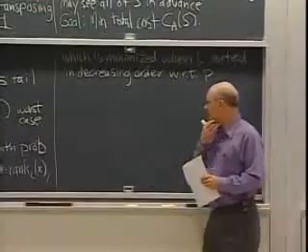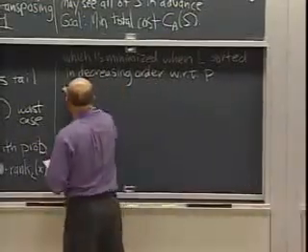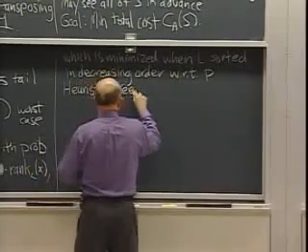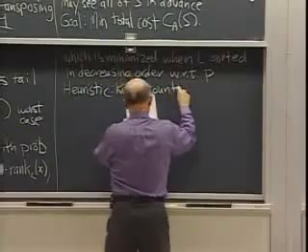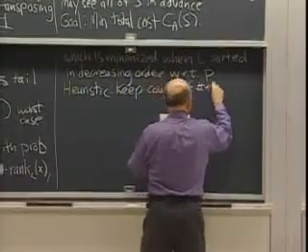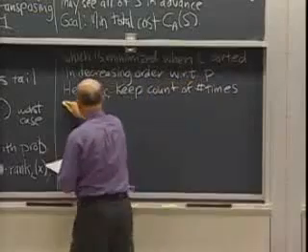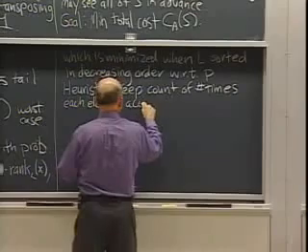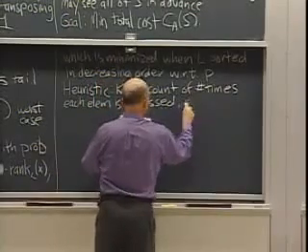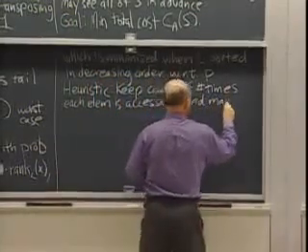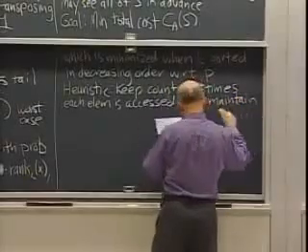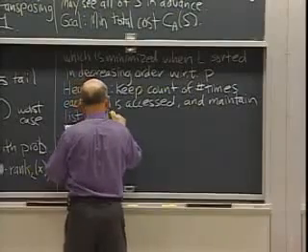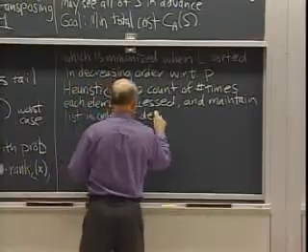So if you didn't know the distribution, this suggests the following heuristic: simply keep a count of the number of times each element is accessed, and maintain the list in order of decreasing count.